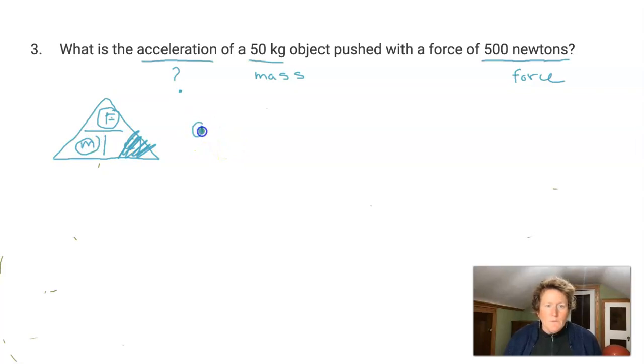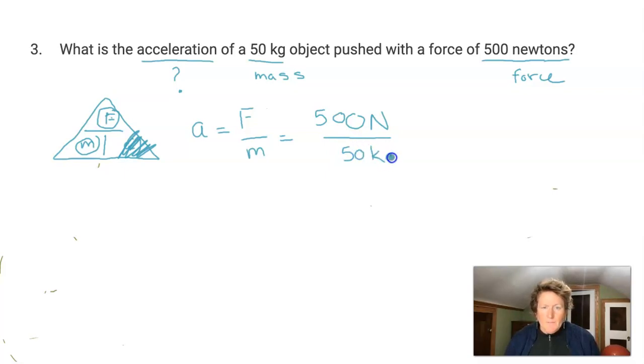So our new equation, when we rearrange it, is acceleration equals force over mass. In this particular case, our force is 500 newtons, divided by our mass, which is 50 kilograms. They gave that to us in the problem. And remember, a newton is also another way to write kilograms meters per second squared.